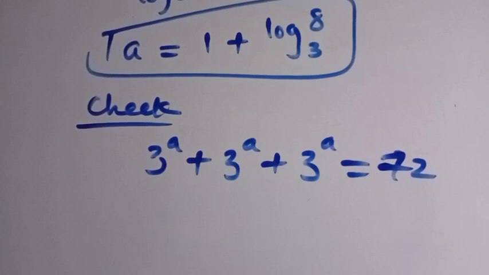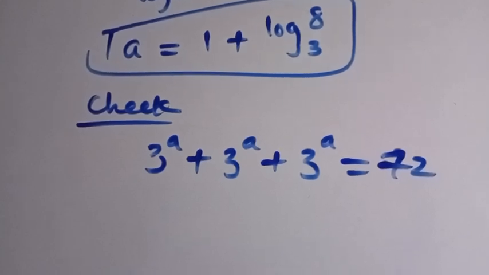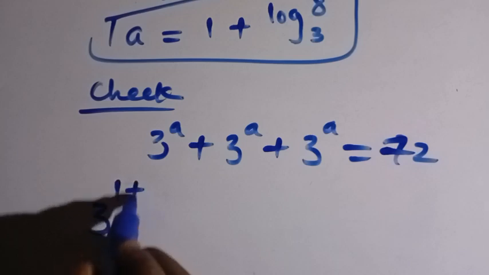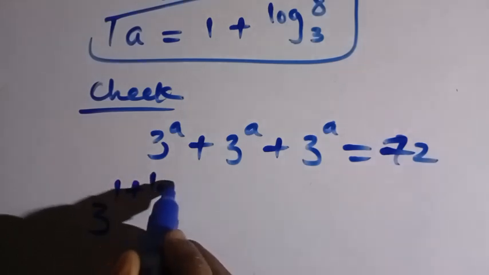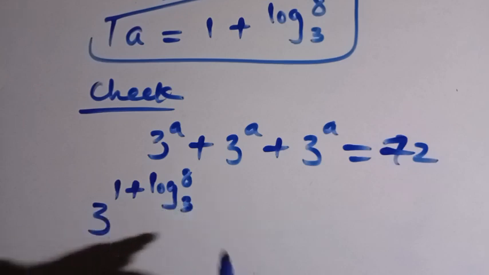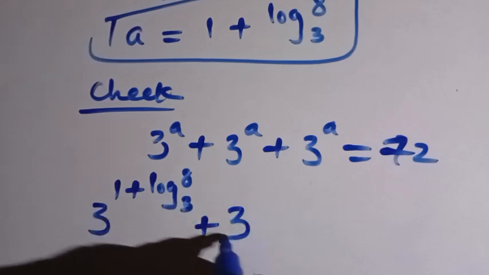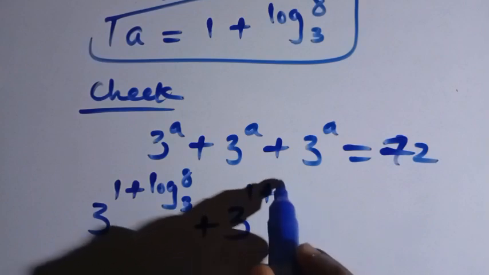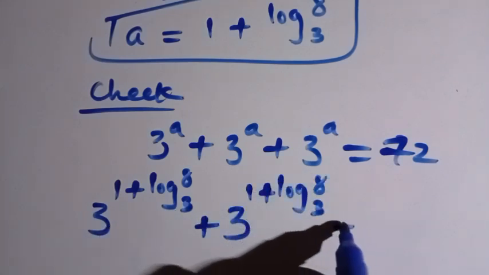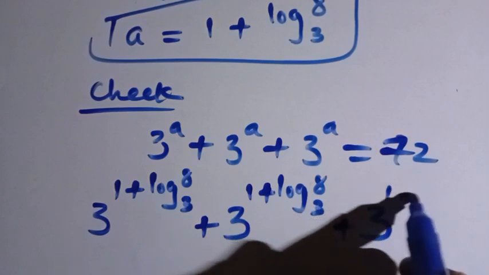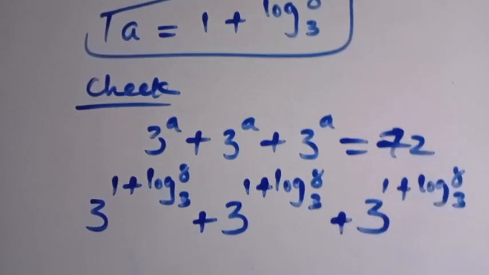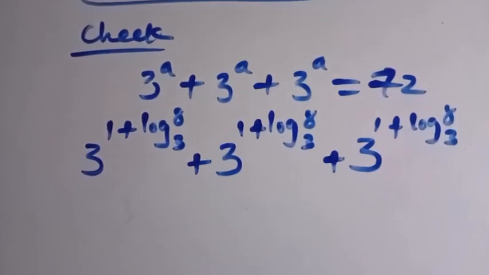We have 3 raised to the power of 1 plus log 8 base 3, plus 3 raised to the power 1 plus log 8 base 3, plus 3 raised to the power of 1 plus log 8 base 3. I want to show that everything here equals 72.